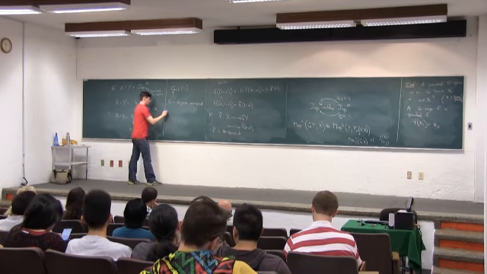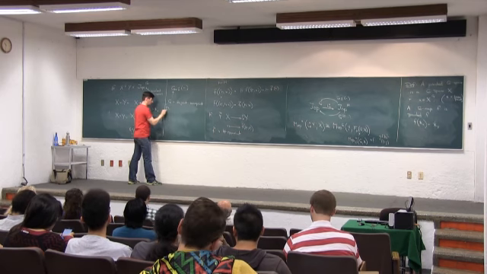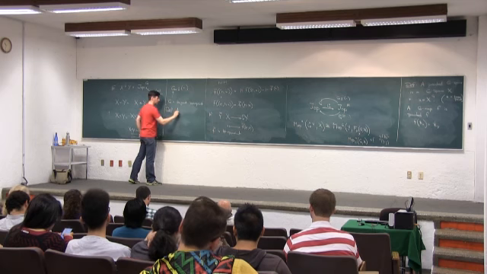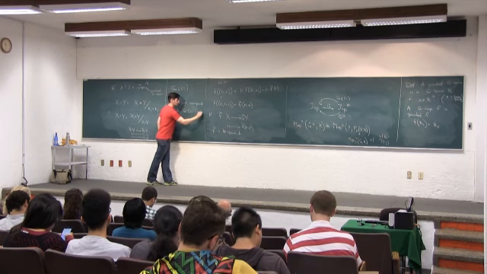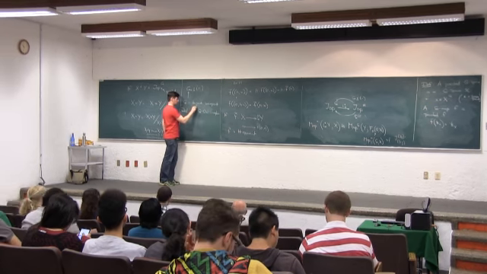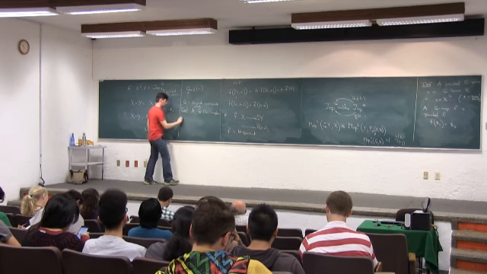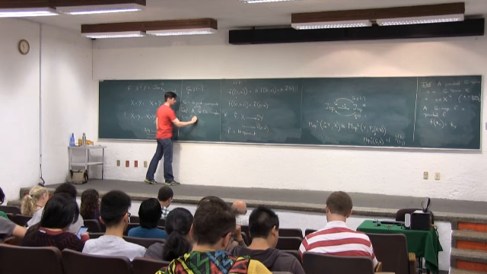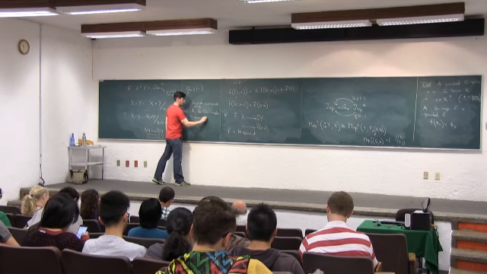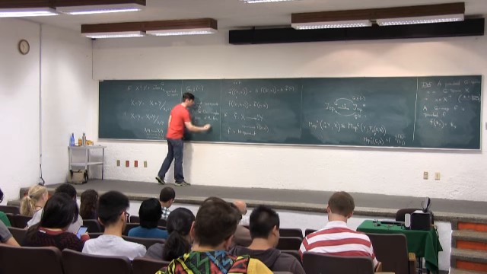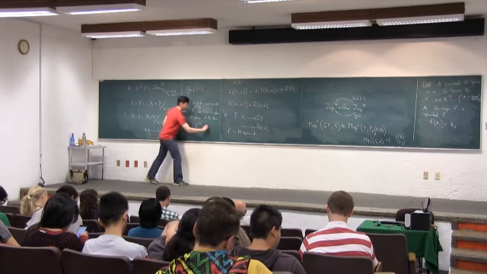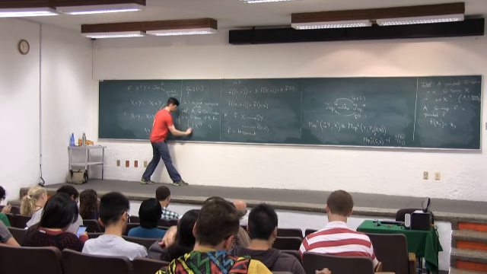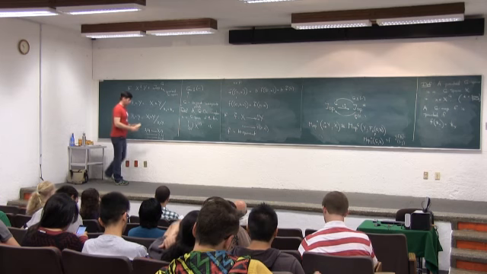Now I'll say what a GCW complex is. So a GCW complex, I'll do a pointed one, is a G space of the form union of other G spaces, X_n, such that the following holds.